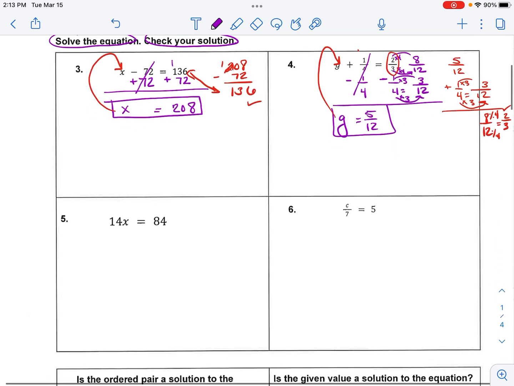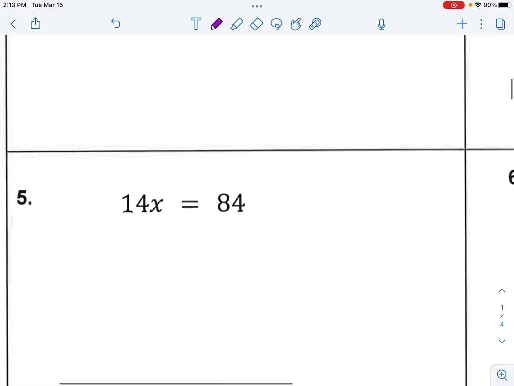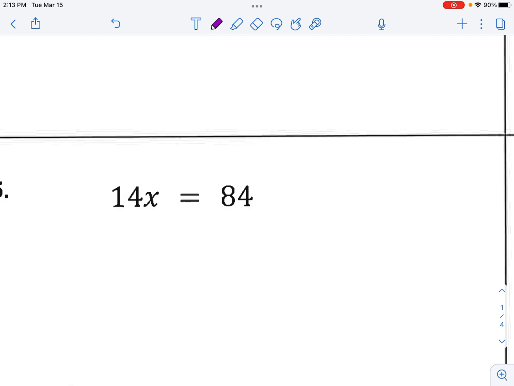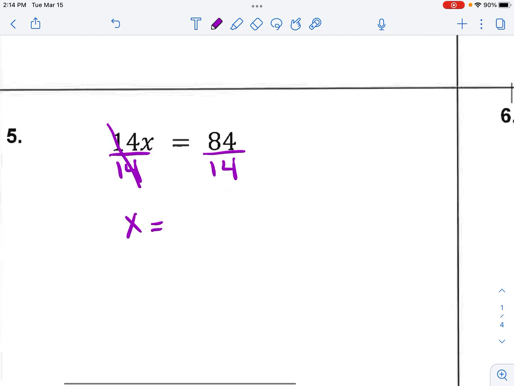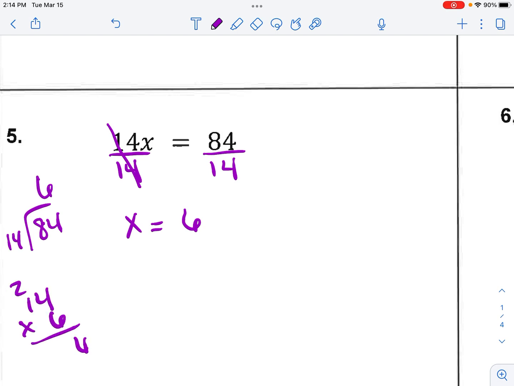Okay, let's look at number 5. A number next to a letter says multiplication, so 14 times some number is 84. The inverse of multiplication is division, so we're going to divide both sides by 14 to get x by itself. 14 divided by 14 is 1x, and then 84 divided by 14 is 6, because 14 times 6 is 84.